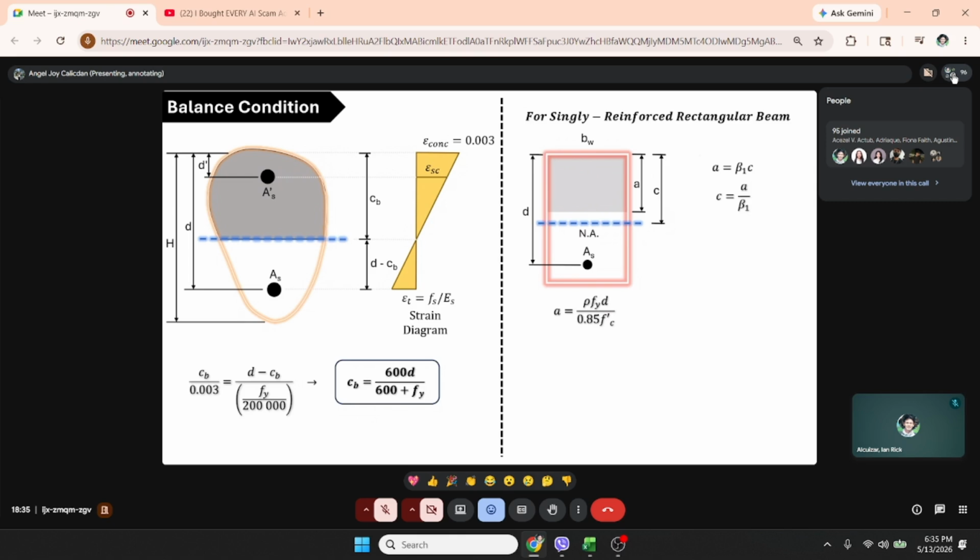And from what we derived earlier, a is equal to rho Fy d over 0.85 fc prime. And isolating c, or equating this to beta 1 c, you get c equals rho Fy d over 0.85 fc prime times beta 1.